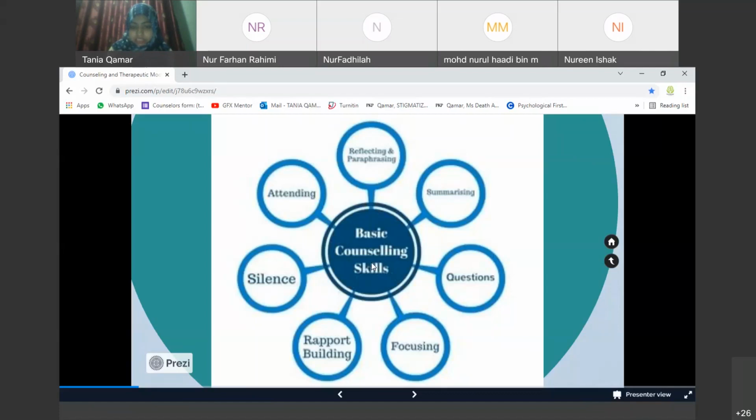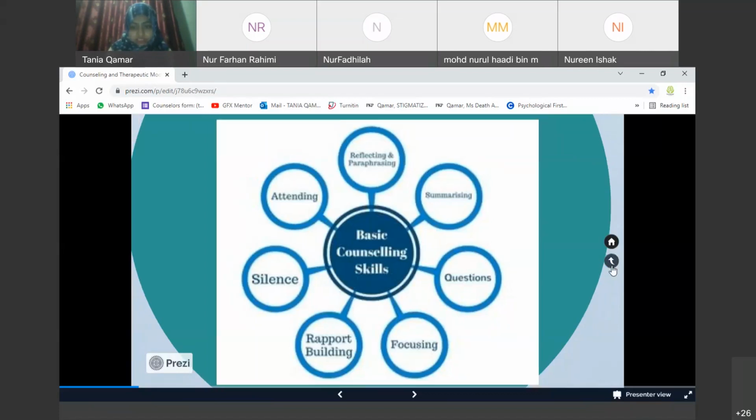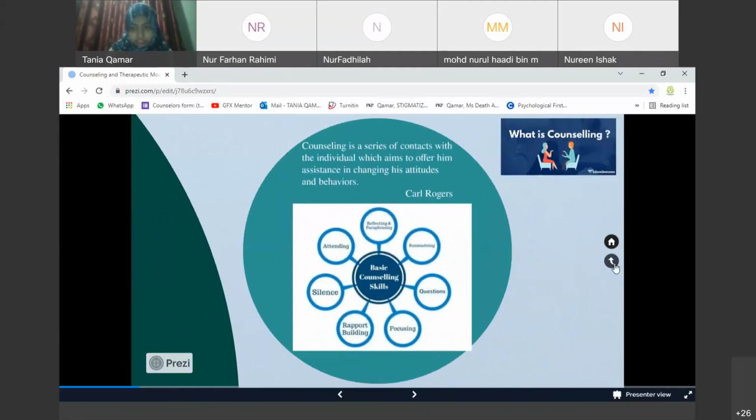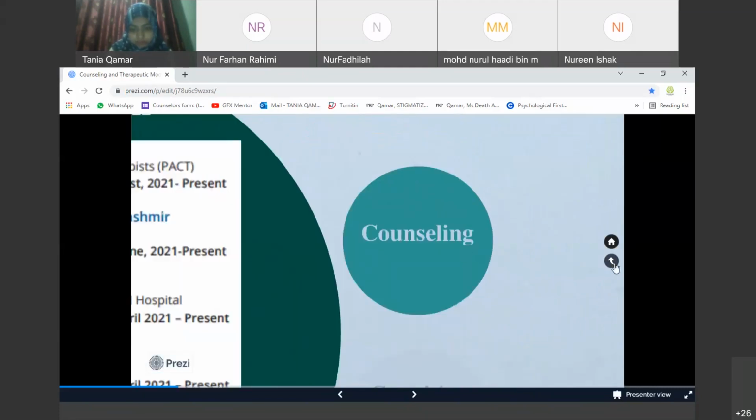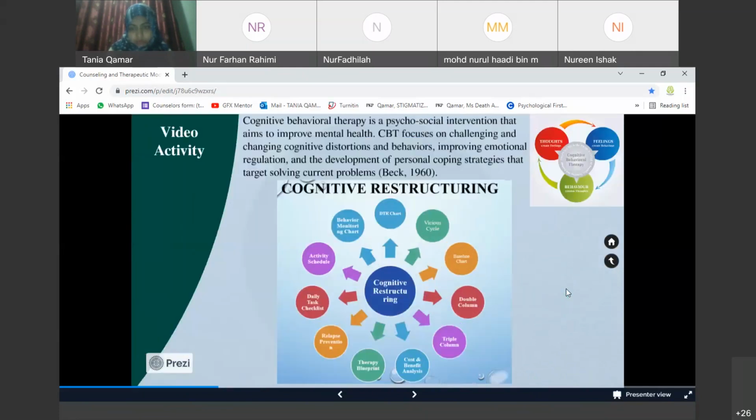Here are many other strategies of counseling that we can use with patients with mild to moderate levels in initial sessions. And we also used these strategies in our first and second sessions. And then we move on to our CBT, our therapeutic module.